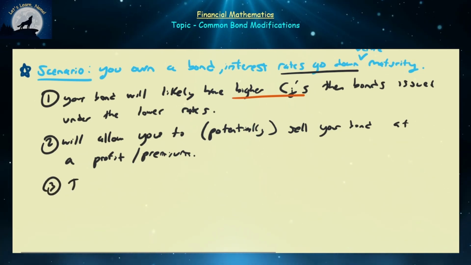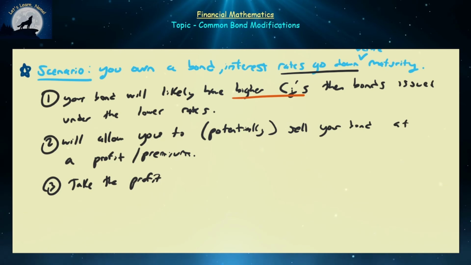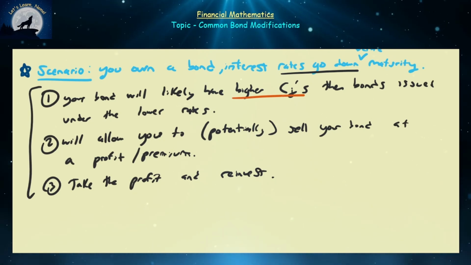Well, obviously you would take the profit and reinvest, right, into something that is going to make you more money over that term. But keep in mind, since this bond has higher coupons, you should be able to sell it for a lot more than you should have before, right?